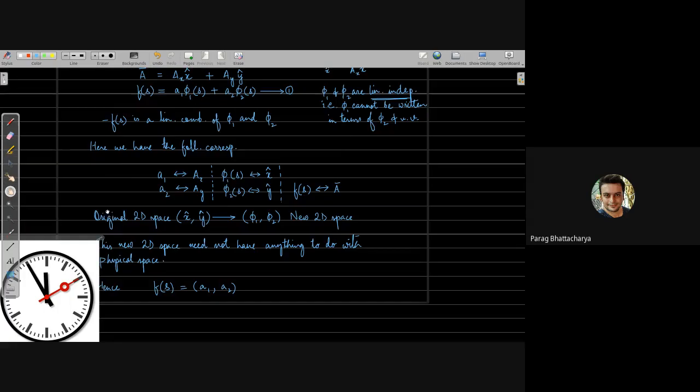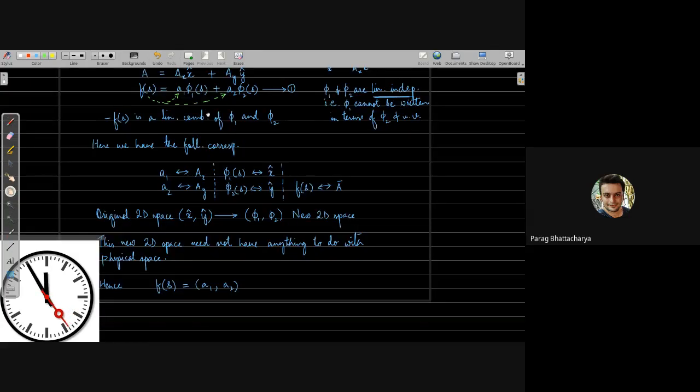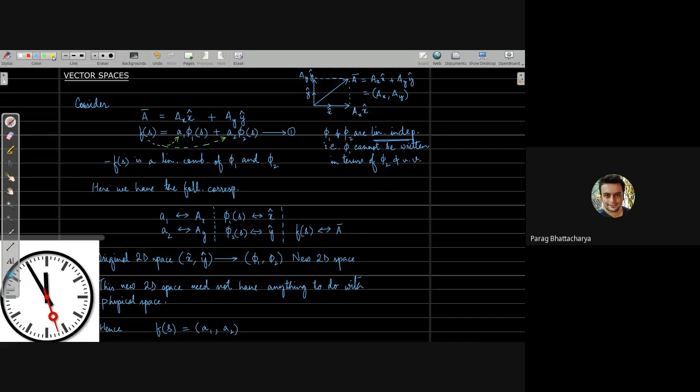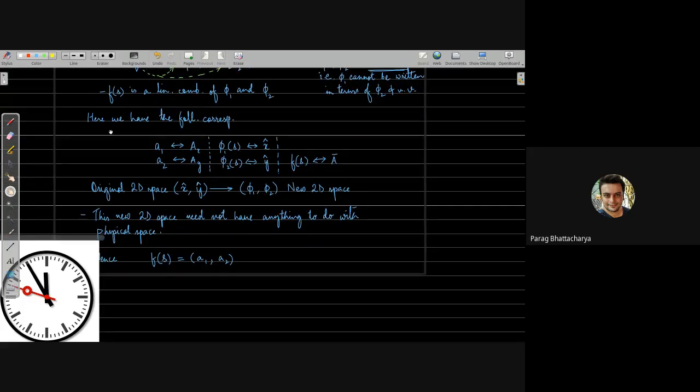So this function f of s can be described in terms of a1 and a2 only, the coefficients that you're multiplying with phi1 and phi2, just like how this vector a you are defining only in terms of ax and ay. We drop x cap and y cap and define this vector only in terms of ax and ay. In a similar way, you could describe this function in terms of small a1, small a2.